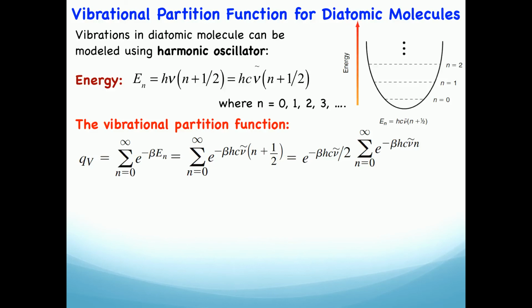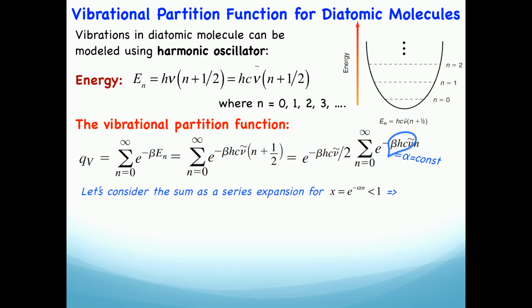So now I really need to figure out how to take this sum, and as I already said, you probably remember that we were working on it. I can simplify just to make this formula look nicer. I recall this beta hc, putting it as a constant. It doesn't depend on n, right?